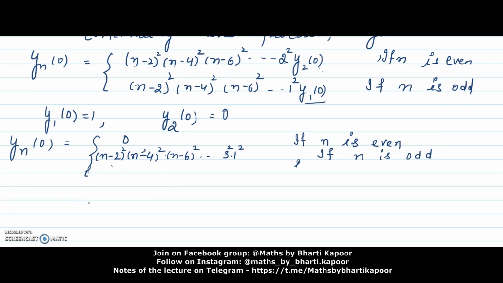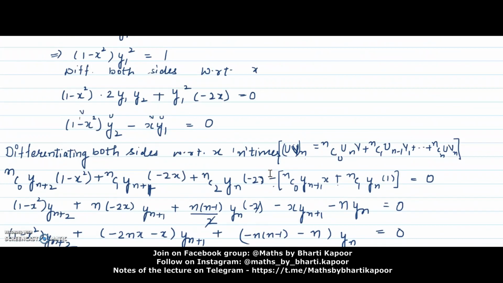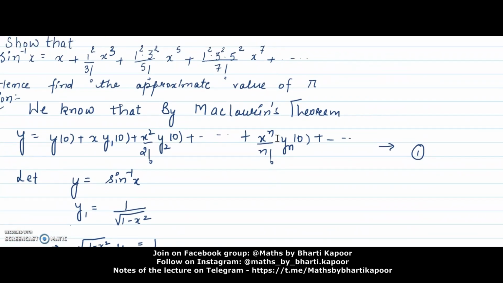Now let's come back to equation number 1, which is the Maclaurin series expansion of a function y of x. For that, the first term is y(0) plus x into y1(0) plus x square upon 2 factorial into y2(0) and so on, x raised to power n upon n factorial yn(0). So we will substitute these values of y(0), y1(0), y2(0) and yn(0) in equation number 1.